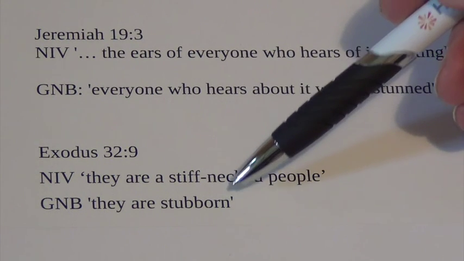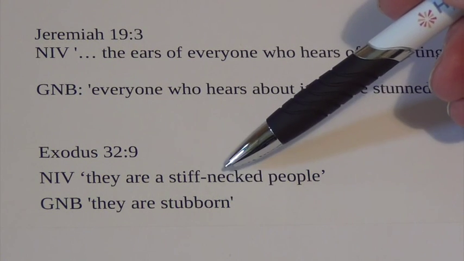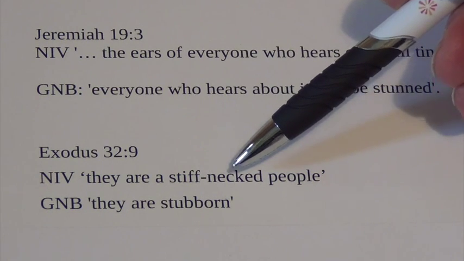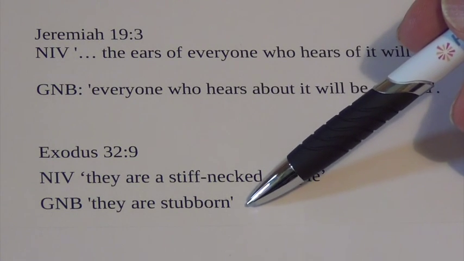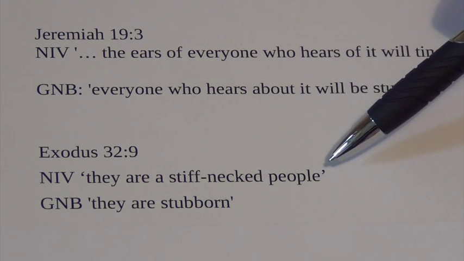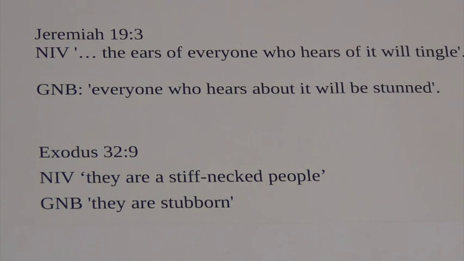So these are both accurate translations. You can't say that this is wrong or this is wrong. They're both correct. And if anybody from their understanding of NIV Bible English thinks that this is wrong, I would suggest what you need to check is not the Good News Bible, but your own understanding of NIV Bible English.